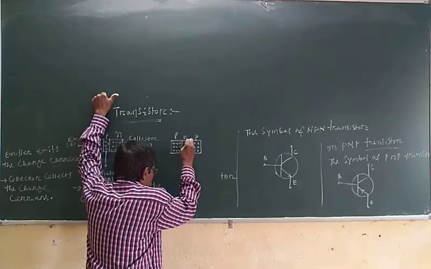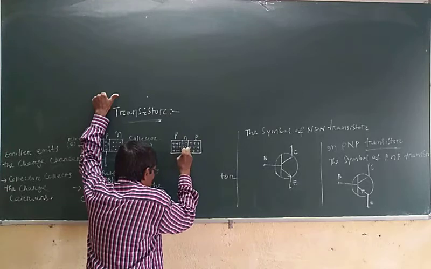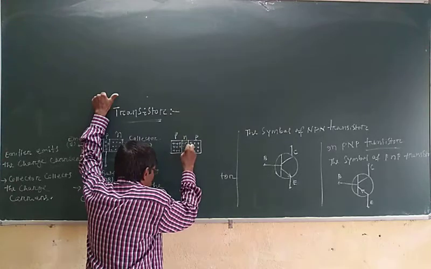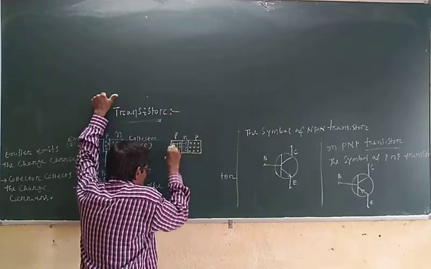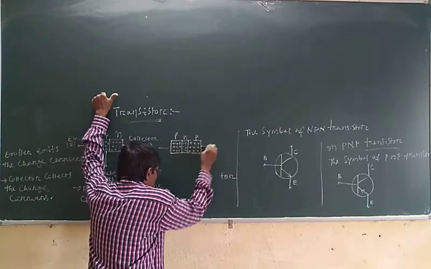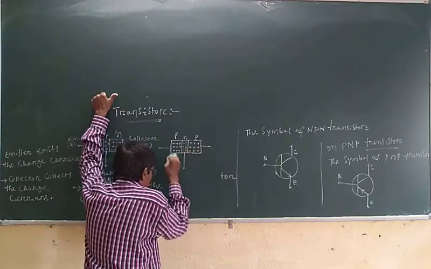So this is the very thin layer. This layer controls the current on the output side. So in this case, there will be three terminals.